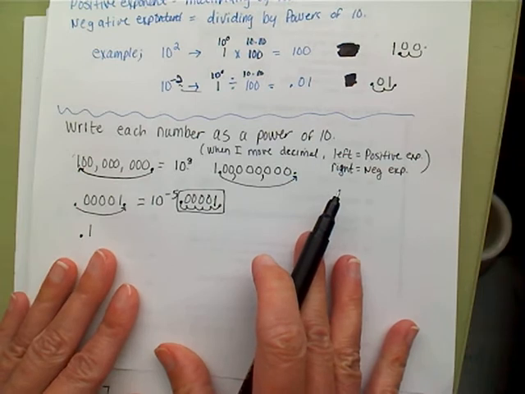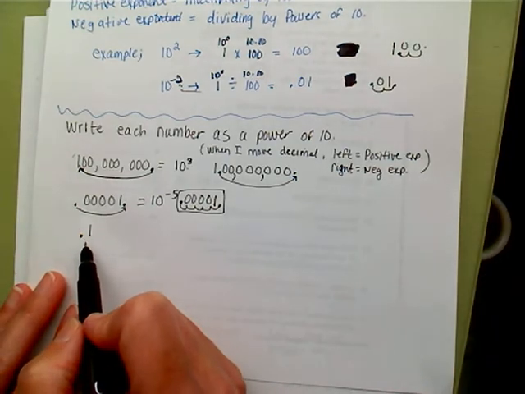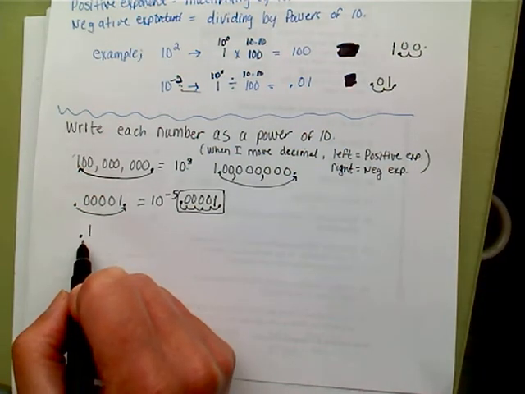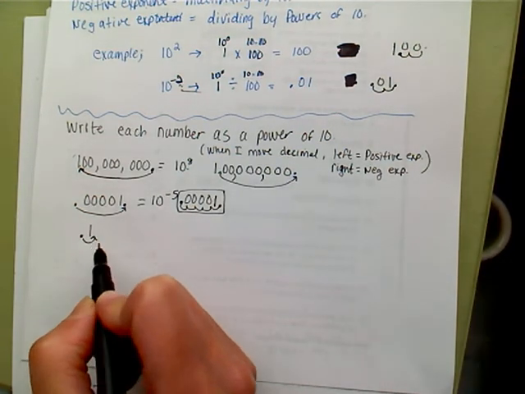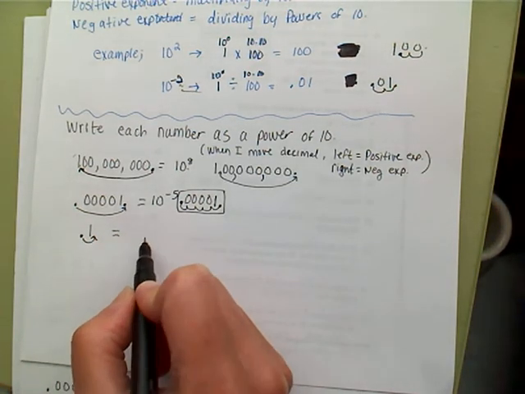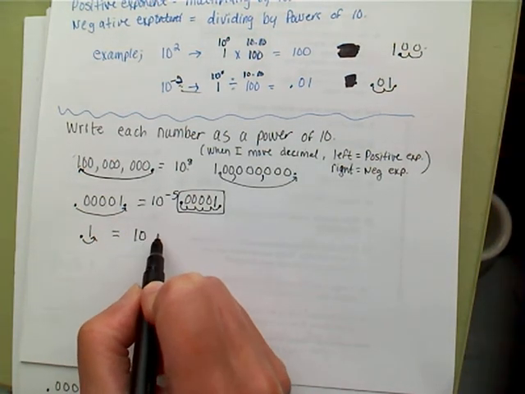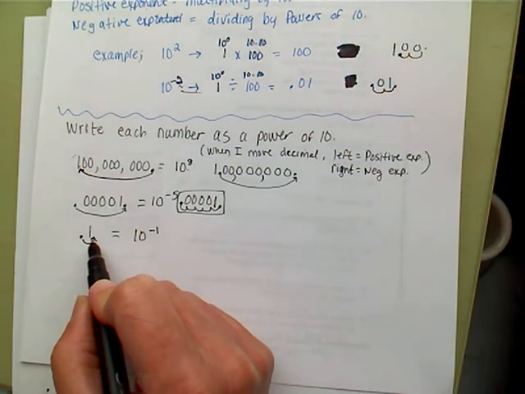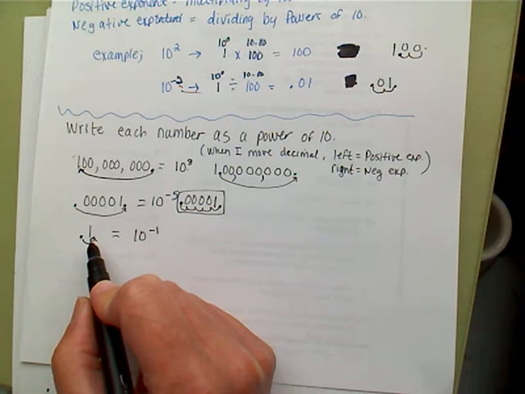And then finally, this one here, my 10 to the 1. Well, I'm going to move it, again, only one place, right? Because one digit has to be in the ones place. So what I have here is 10 to the negative 1. I only moved one spot to the right.